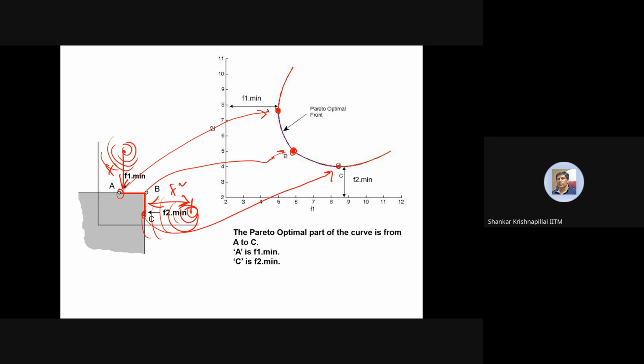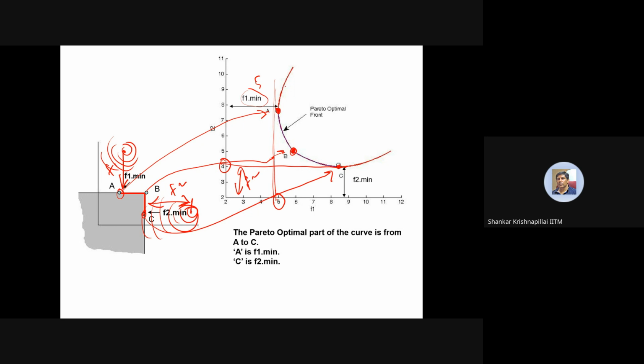So you can see that A corresponds to F1 minimum, the lowest possible value of F1, that is around 5. So you can see 5 here. And C corresponds to the lowest possible value of F2, that is 4.